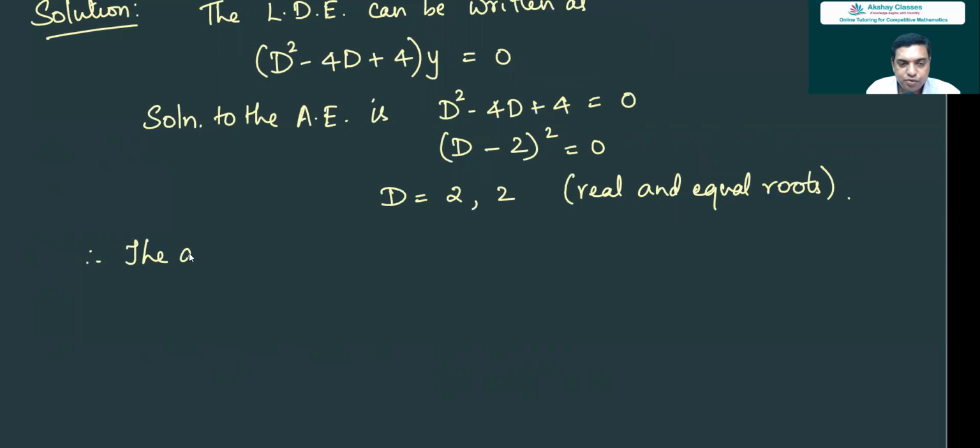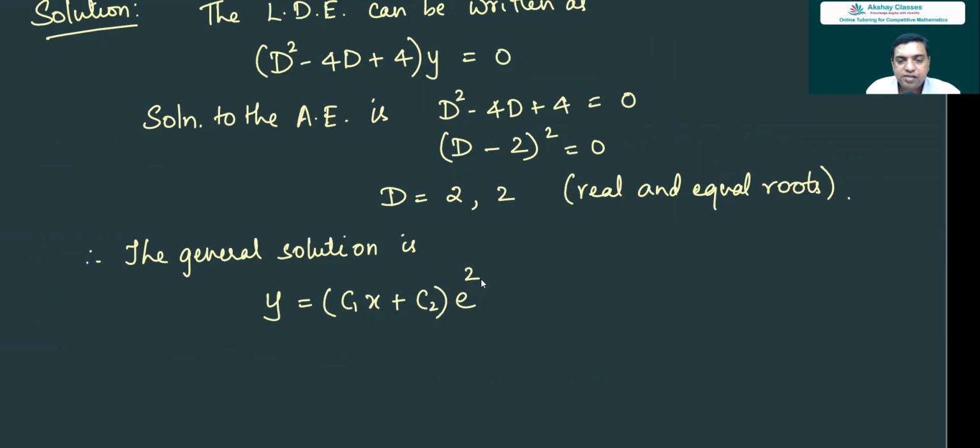Therefore, the general solution is y is equal to (c1x plus c2) e power 2x. This is a solution, right? m1, m2 are equal to 2. Okay.